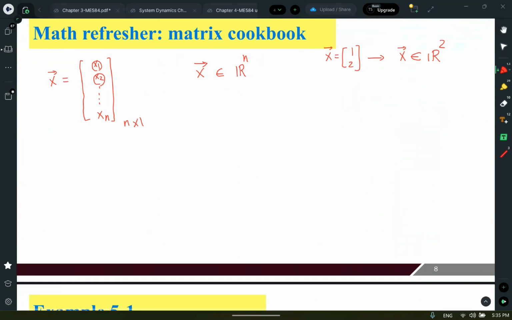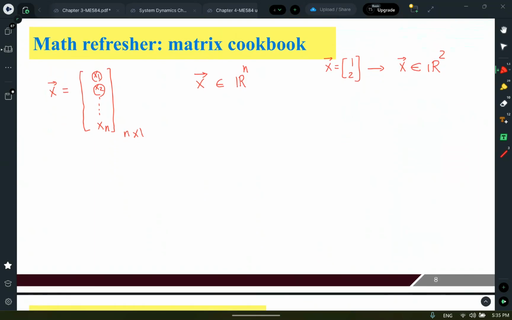How about matrices? Well, matrices are a little bit more involved than vectors. So if you have A, then for instance, this is going to be a 1,1. This is going to be a 1,2, and all the way down to a 1,m. Yes?